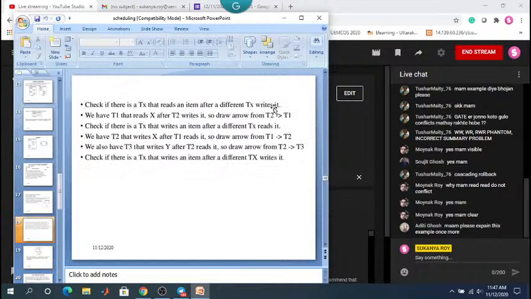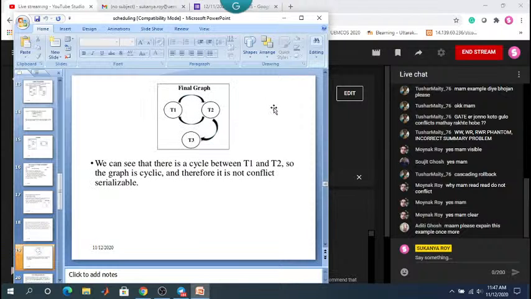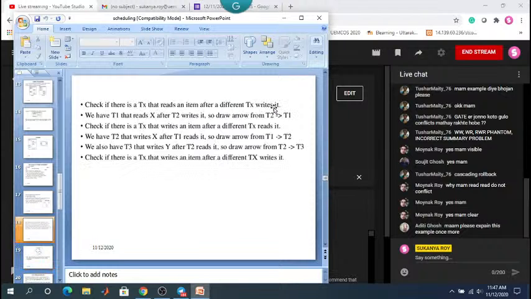Next, check if there is a transaction that writes an item after a different transaction reads it. We have T2 that writes X after T1 reads it. So T1 to T2. This operation is valid.